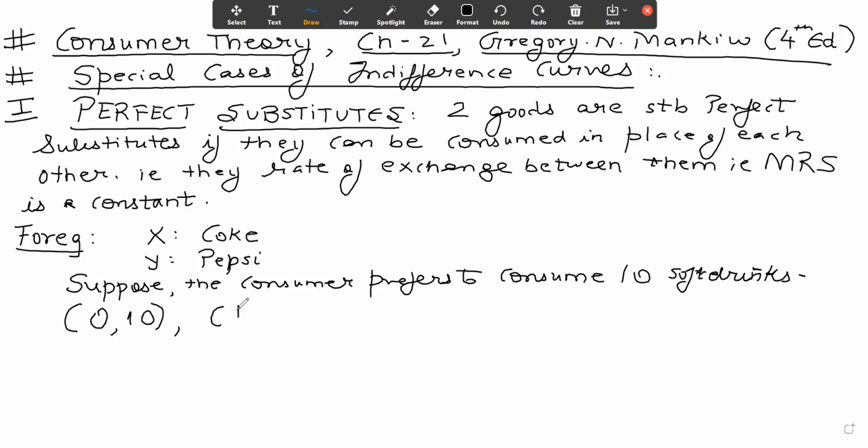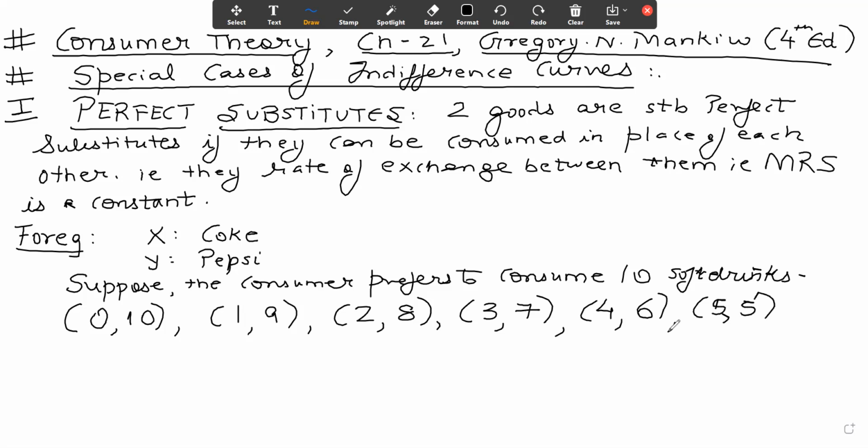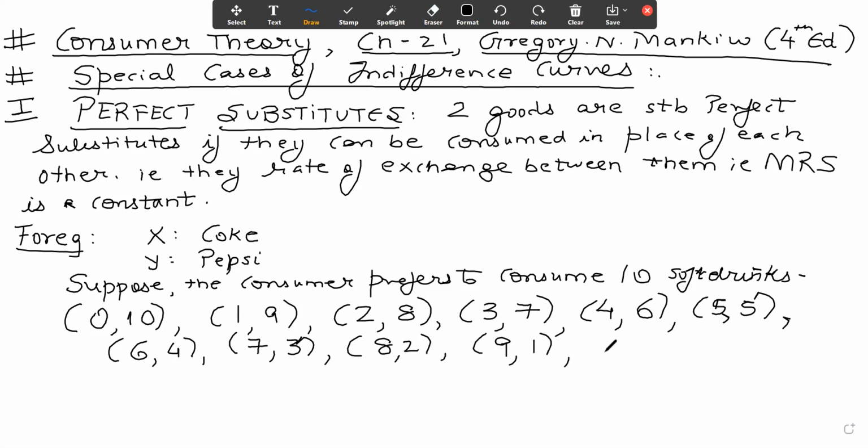You give the consumer 1 Coke with 9 Pepsis. 2 bottles of Coke with 8 bottles of Pepsi. 3 bottles of Coke with 7 bottles of Pepsi. 4 bottles of Coke with 6 bottles of Pepsi, 5 with 5, 6 bottles of Coke with 4 bottles of Pepsi, 7 with 3, 8 with 2, 9 bottles of Coke with 1 bottle of Pepsi, 10 bottles of Coke with 0 bottles of Pepsi. All these bundles give the same satisfaction.